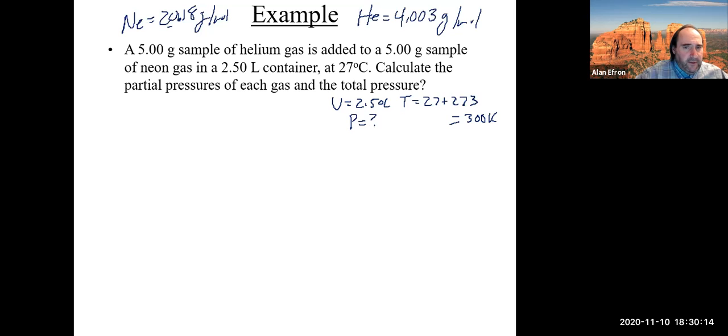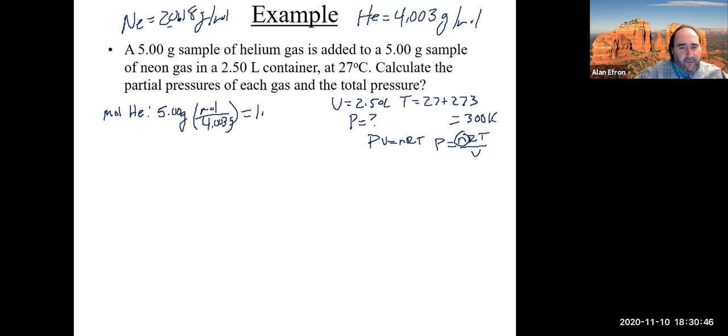So we are going to use our PV equals nRT, and we're going to solve for P for each of the gases individually. But we do need to figure out the moles of each gas. So using the periodic table, the moles of helium would be our 5 grams divided by 4.003 grams per mole.